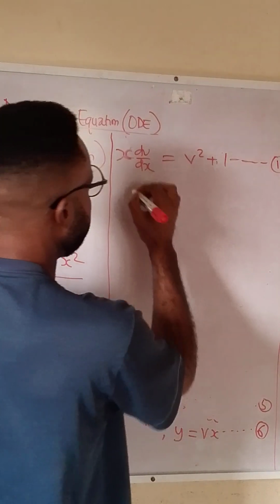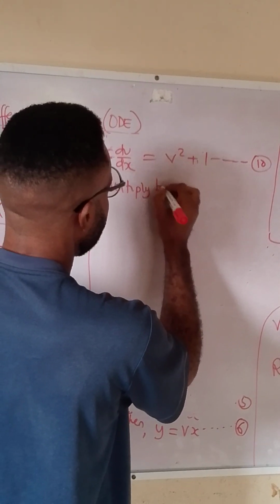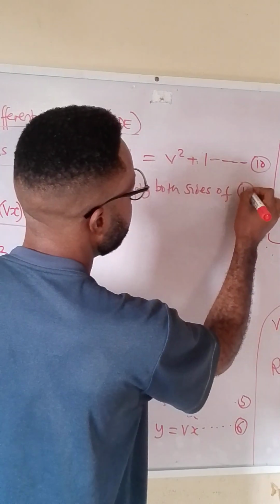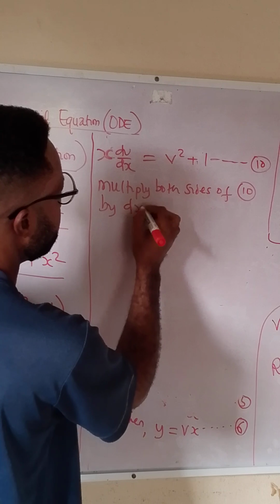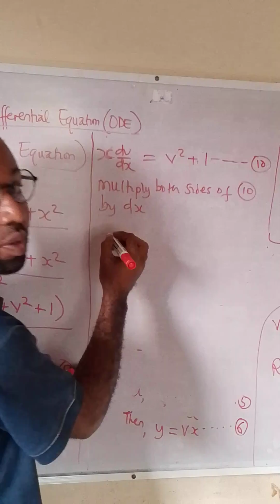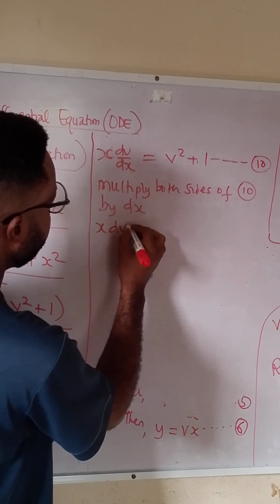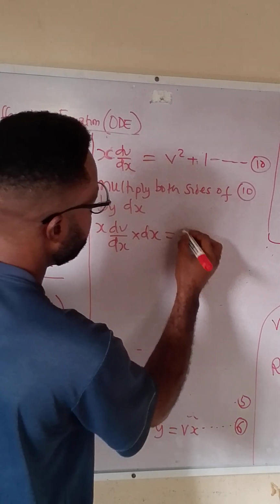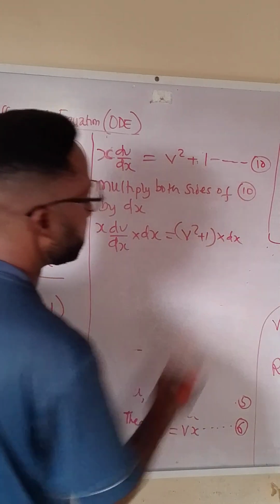So let's start by saying multiply both sides of equation 10 by dx. And so if we do that, we are going to have dv/dx times dx will be equal to v squared plus 1, times dx.